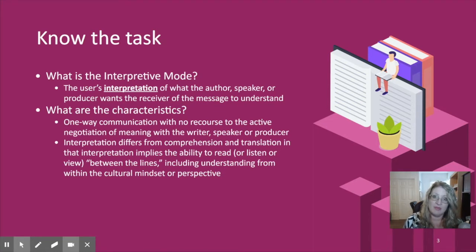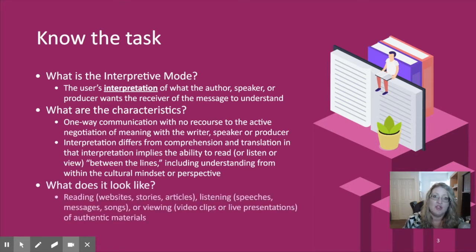That comes from not just an understanding of a wide range of vocabulary, but also from your ability to use what you know about the cultural perspectives of the person or people who created this text in order to help inform your understanding. And when someone is engaging in an interpretive task, what you'll see them doing is reading something, listening to something, or viewing something either live or via video.